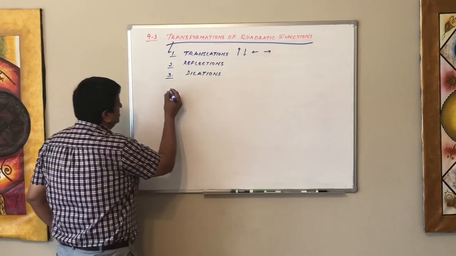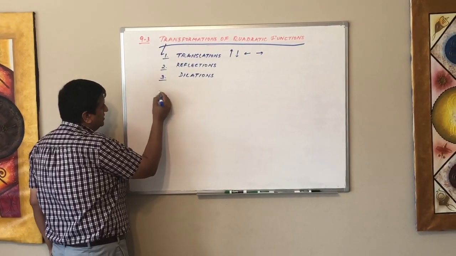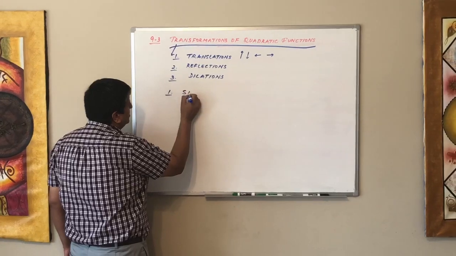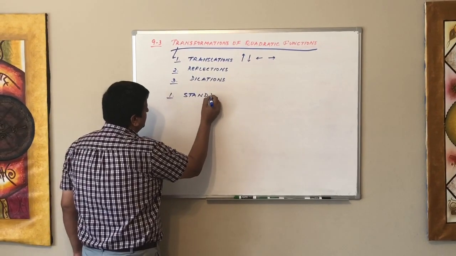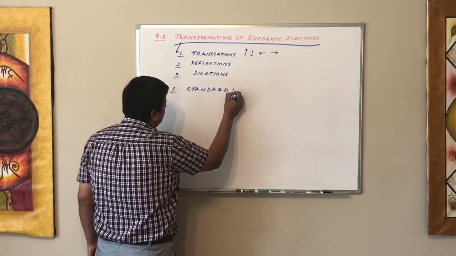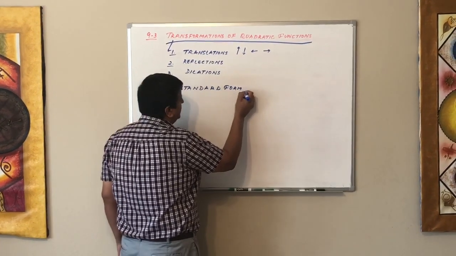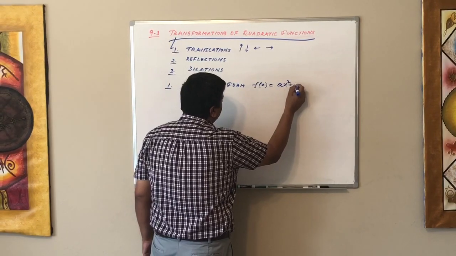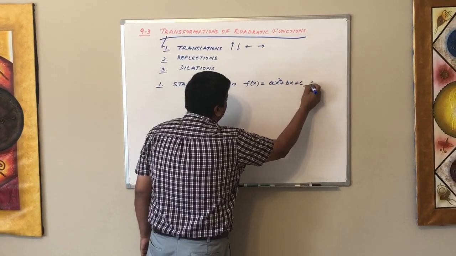I also want to tell you that the standard form of quadratic functions is, once again, f(x) = ax² + bx + c, where a cannot be 0.